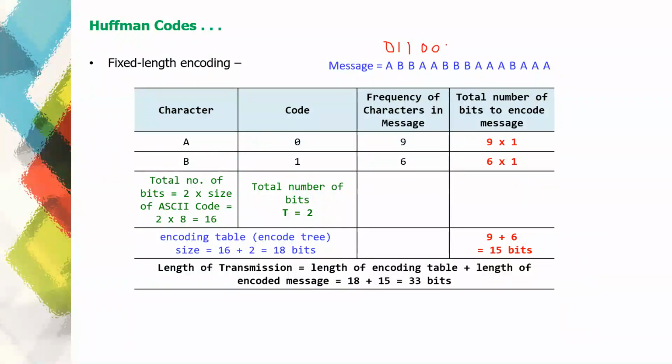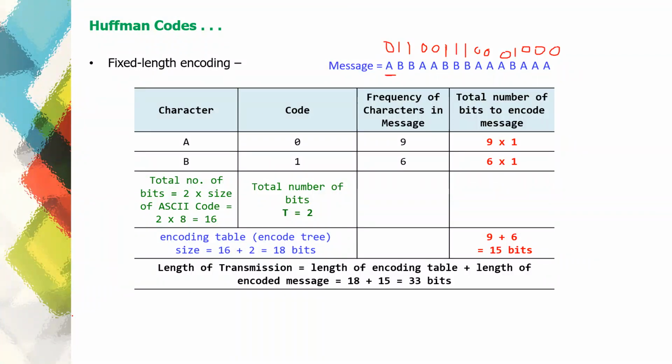So this will be your encoded message. Now, how many bits did it take? It took only 15 bits, because each character is represented using only a 1 bit code.